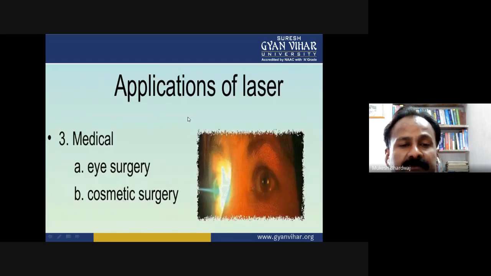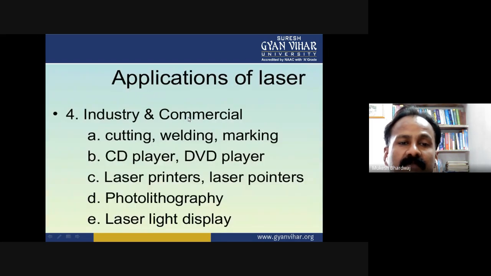In medical: eye surgery, cosmetic surgery. In industry and commercial: cutting, welding, marking, CD player and DVD player, laser printers, laser pointers, photolithography, laser light display.